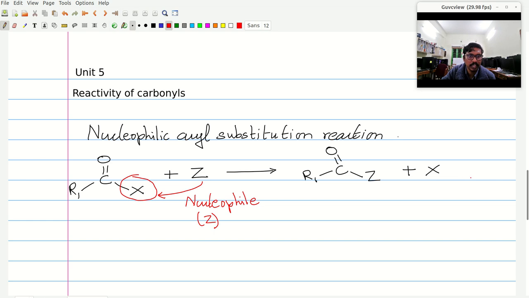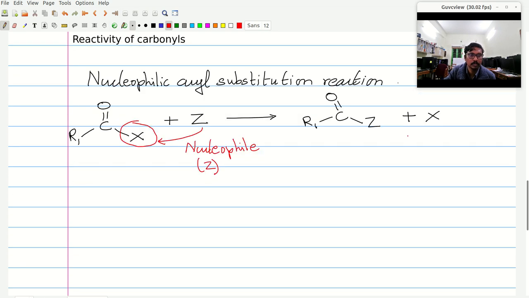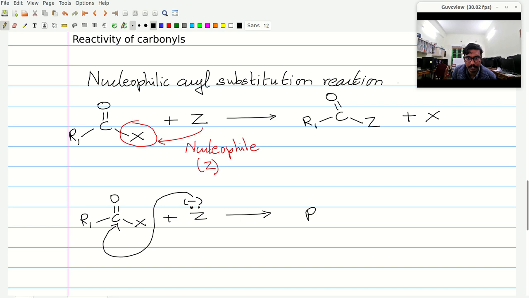Now this reaction is possible because carbonyl compounds can add to this nucleophile and form what is referred to as a tetrahedral intermediate.